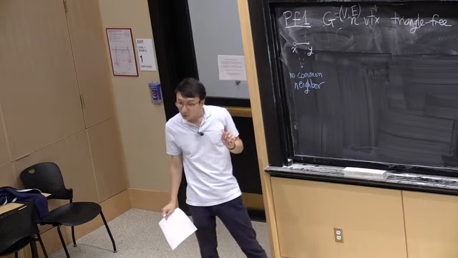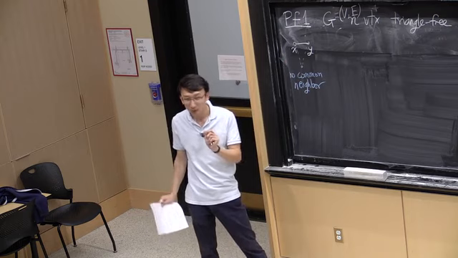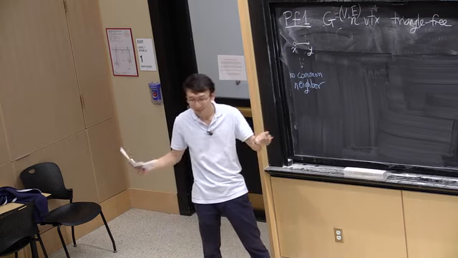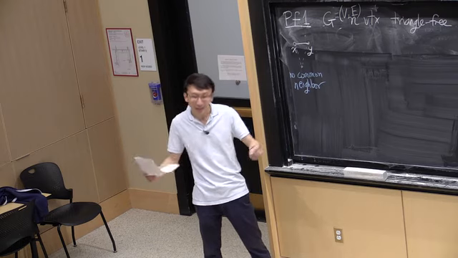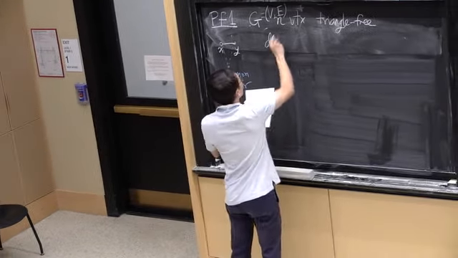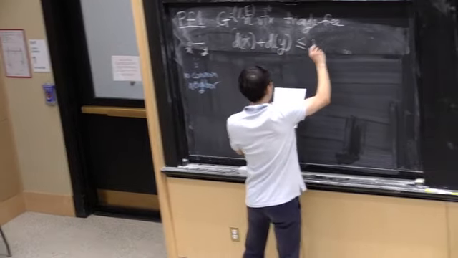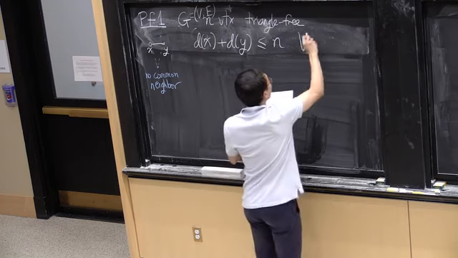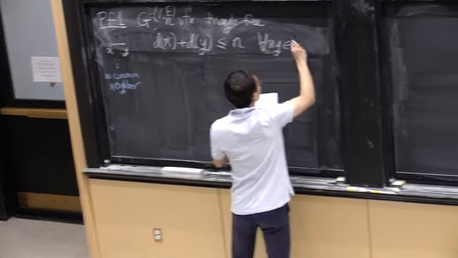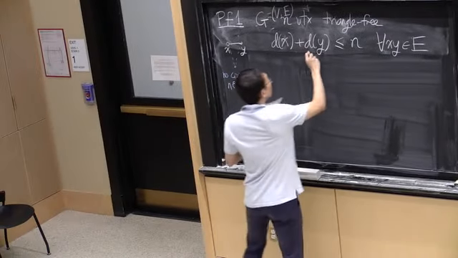What can we say about the degrees of the two endpoints of this edge? Well, they cannot add up to more than n. So exactly, the degrees of these two endpoints add up to at most n whenever xy is an edge. Here I'm using d to denote degree.